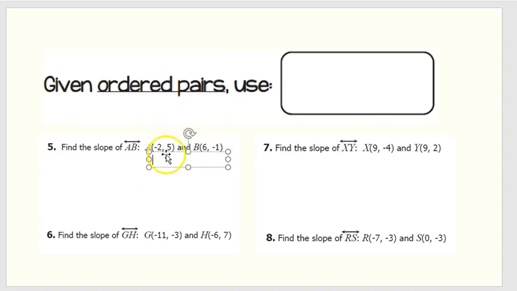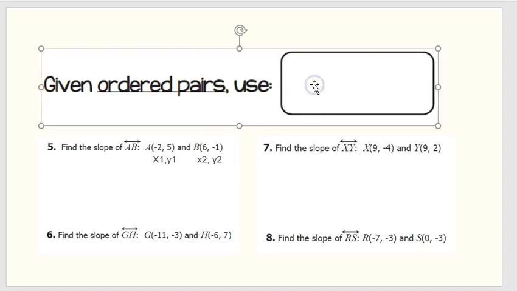So what we can do is just underneath them write x1, and then this is our y1. Okay, those are our coordinates. And then we go over here to the b, and this is our x2 and our y2.